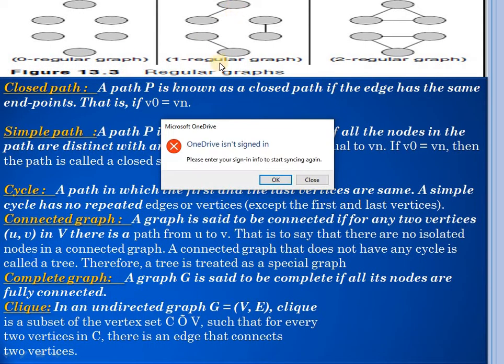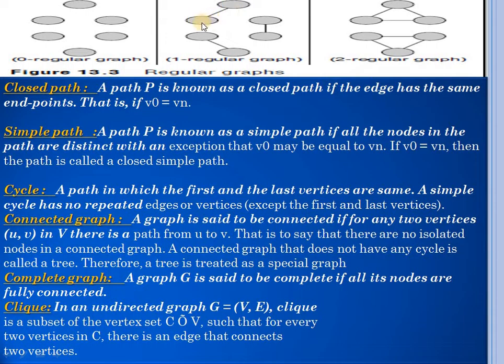Now here we have a single edge connecting these. This is 1 degree, so it is a 1 regular graph. Here each node has a single edge, so it is a 1 regular graph.